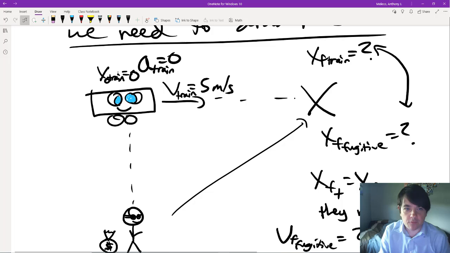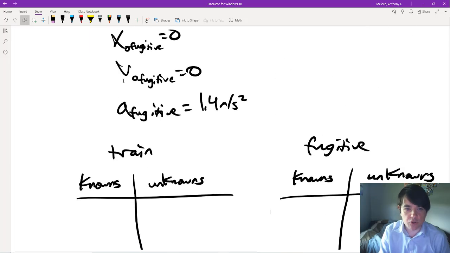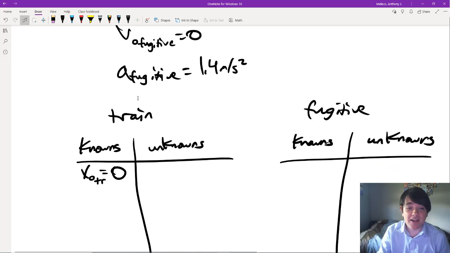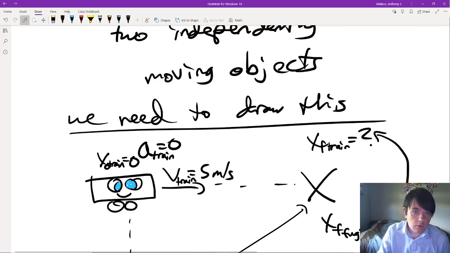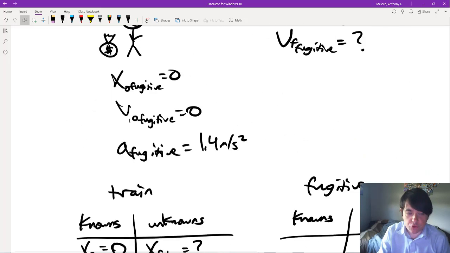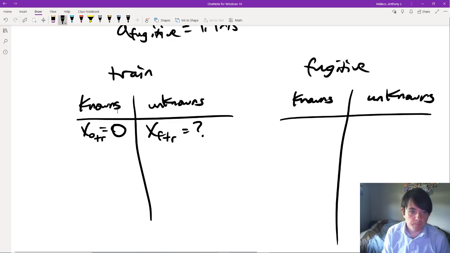So let's go ahead and rewrite all this information. X initial train is 0. I'll just call it TR. X final train, we don't know. V initial train is the same as V final train, and this was, I think, 5.